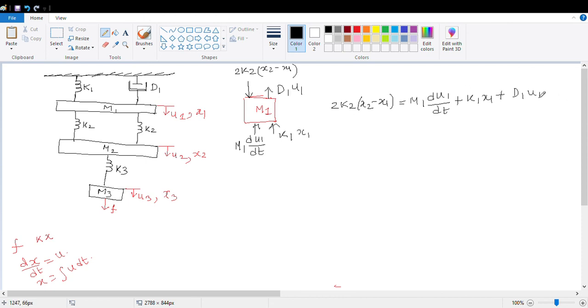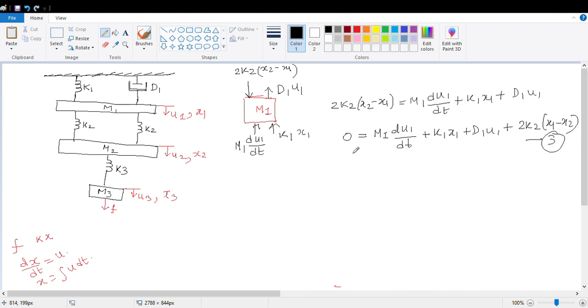As there is no applied force, I am taking it as 0 and writing all of them as restraining forces in an algebraic summation: k1 x1 plus d1 u1 plus 2k2 times x1 minus x2. So this is my equation number 3.